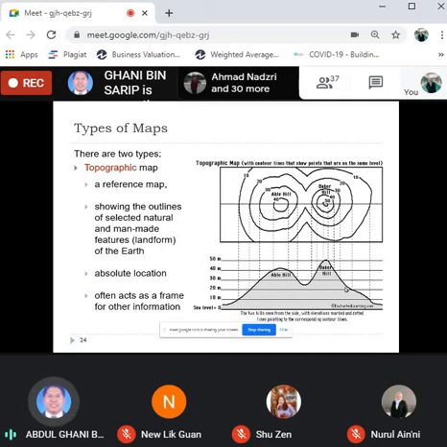Just a couple of things about maps. We have different types of maps. Topographic maps show us what we call the elevation, the height of a position on the earth. So 40 is basically the pinnacle or the peak of this, we could say a hill. Let's say 40 meters, and then we have 30 meters, 20 meters, 10 meters going down, for example.